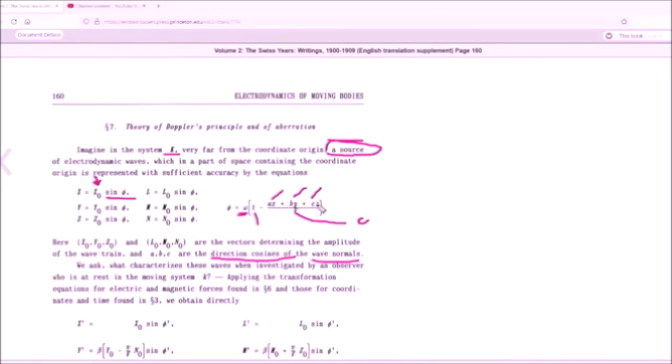And x, y, and z are the coordinates of the frame capital K, the frame at rest, where X sub 0, Y sub 0, Z sub 0, and L sub 0, M sub 0, N sub 0 are the vectors determining the amplitude of the wave train, and a, b, and c are the direction cosines of the wave normals.